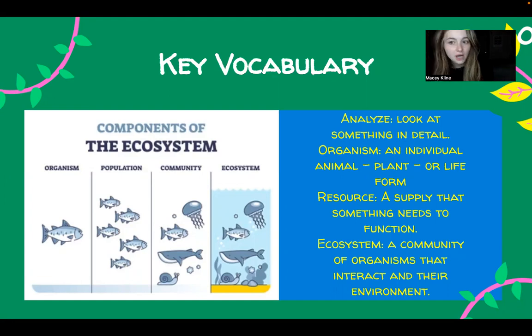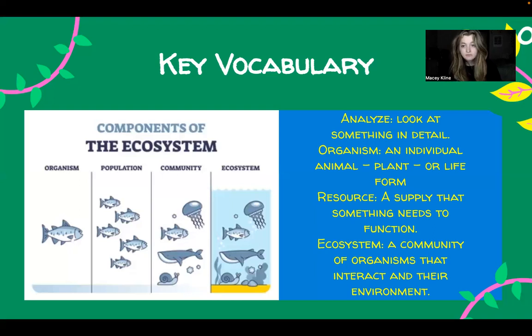The vocabulary, I won't read the definitions because I'm sure you guys can read those, but I'll just read the words. I kept it pretty simple with vocabulary. I don't want them to have too much new vocabulary in this lesson because that's not our main focus. But the vocabulary words I did use are analyze, organism, resource, ecosystem. I think that's all of them.